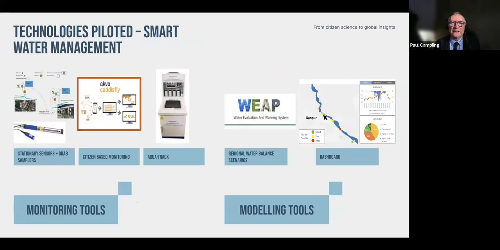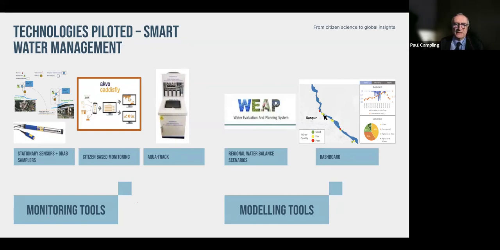And this is where probably the closest connection to the webinar is, because we're looking at different technologies and approaches to deal with water quality monitoring. So on the one hand, you have the classical sensor network, but also citizen-based science, using handheld devices with smartphones to monitor the water quality.